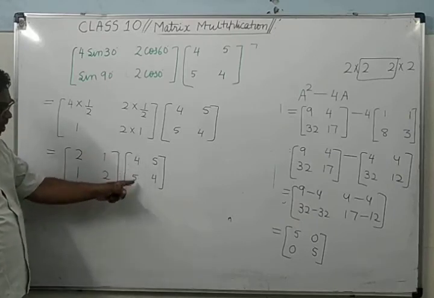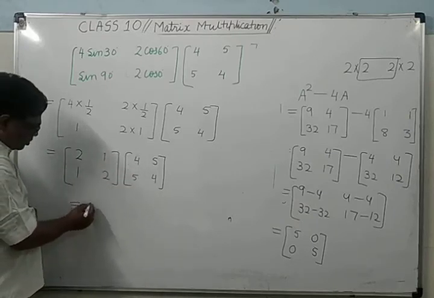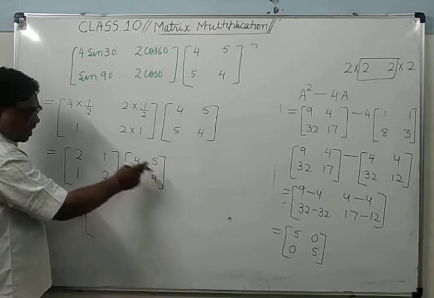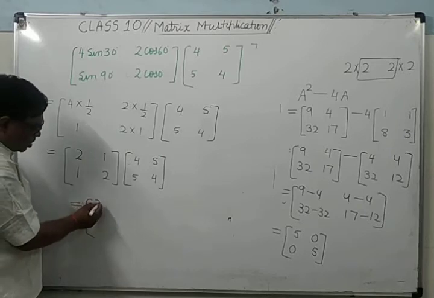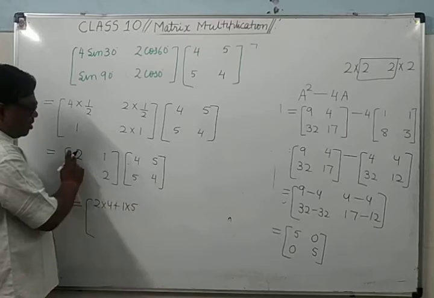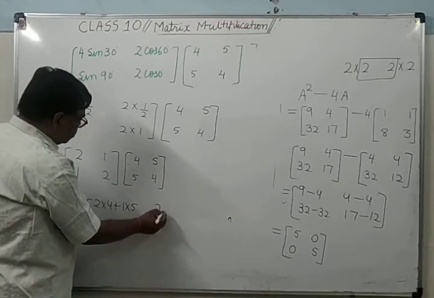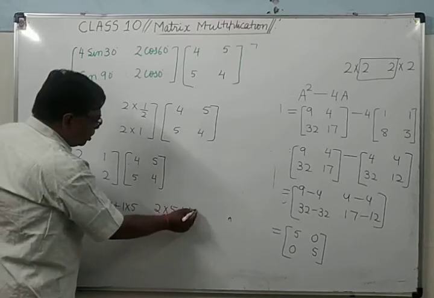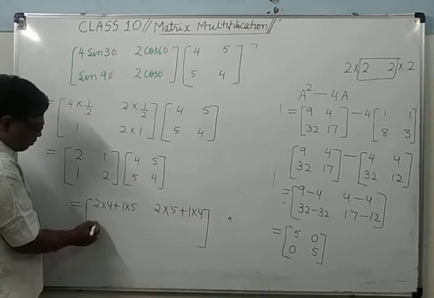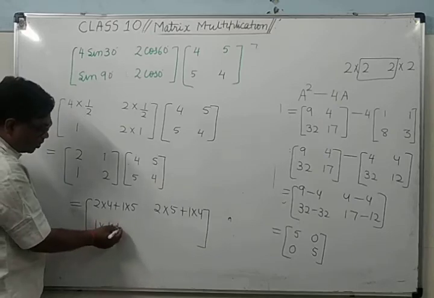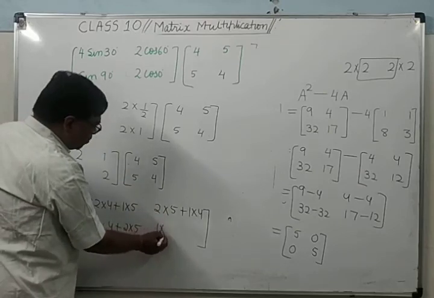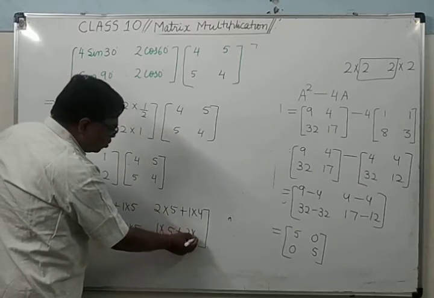Here this row will multiply first with this column, then with that column, and be written row wise: 2 into 4 plus 1 into 5, then 2 into 5 plus 1 into 4. Then the second row: 1 into 4 plus 2 into 5, and 1 into 5 plus 2 into 4.